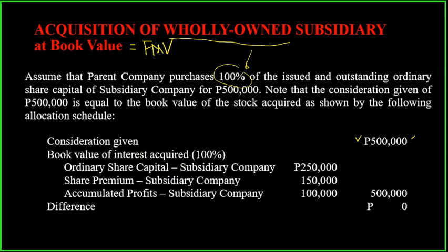So if that's the case, all the amounts found in the books of the subsidiary or the acquiree is equal to its fair market value. Okay po. So now, if the consideration given is equal to the book value or fair market value of the net assets acquired, that's also equal to the fair market value, then there is no goodwill or gain on purchase.